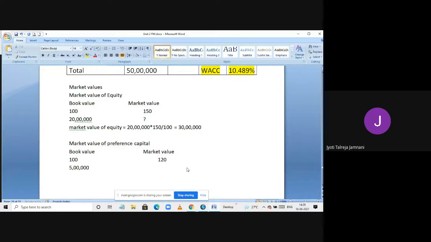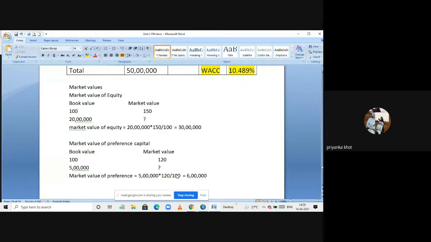So what will be the market value? If we cross multiply, we'll get the market value of preference. 5 lakh into 120 divided by 100. 6 lakhs will be, ma'am.